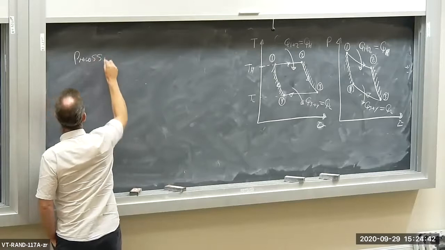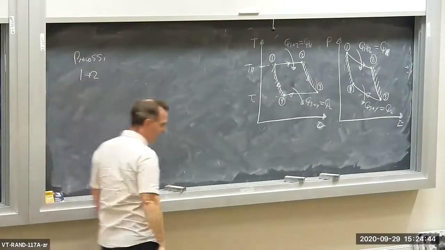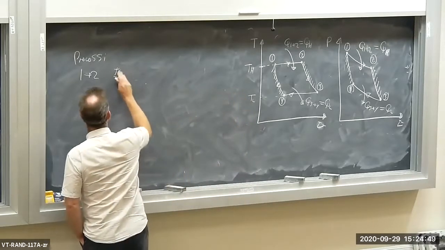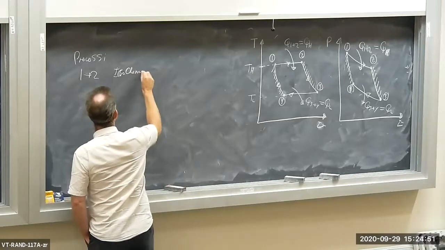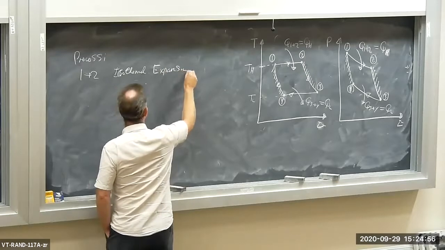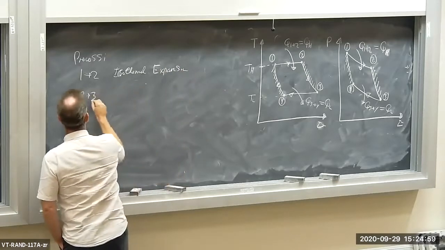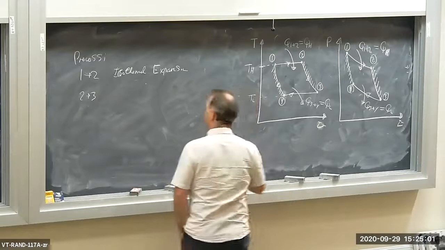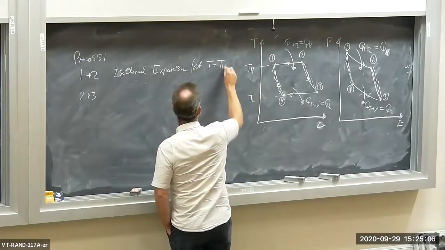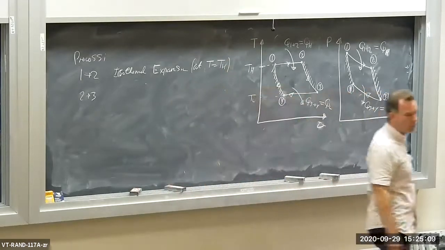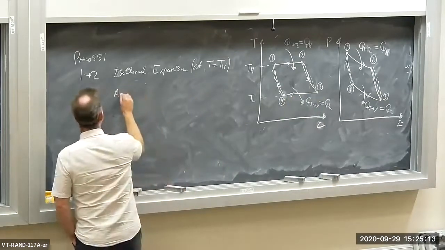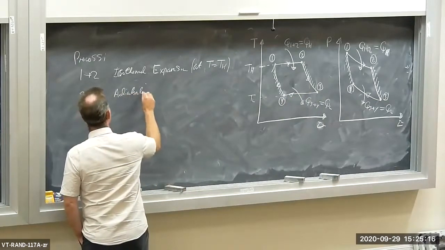Process 1 to 2, isothermal expansion, and I'm going to write in parentheses here, at T equals T high. T high is the high temperature reservoir temperature. Process 2 to 3, adiabatic expansion.